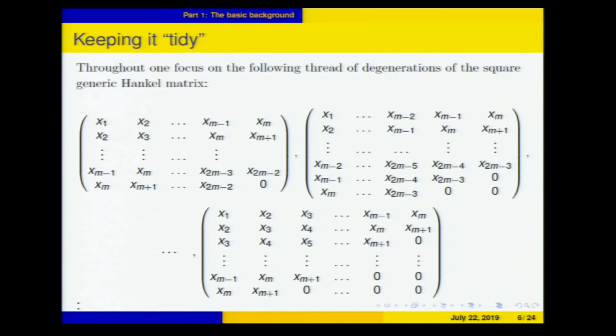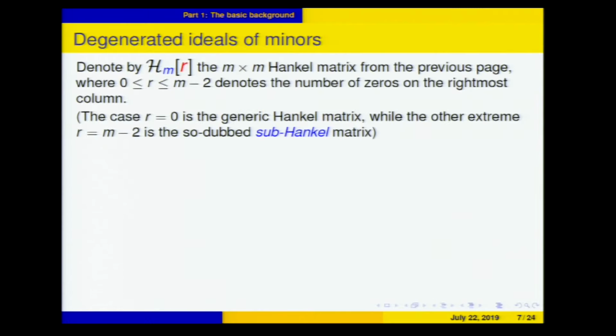If you remember that it came from the generic case, then we are making as many x's go to 0 as R, because this was a Hankel matrix. If it is a symmetric matrix, you have to recalculate a little bit, but this is very easy. Just reminding you that R equals 0 is the generic matrix that we talked about at the beginning. And the other extreme case was dubbed the sub-Hankel matrix because it has very special properties.